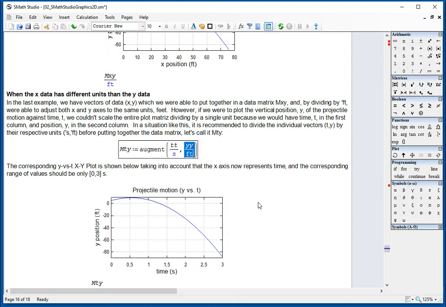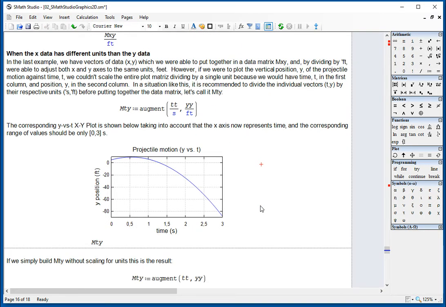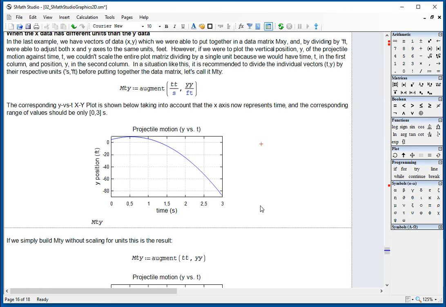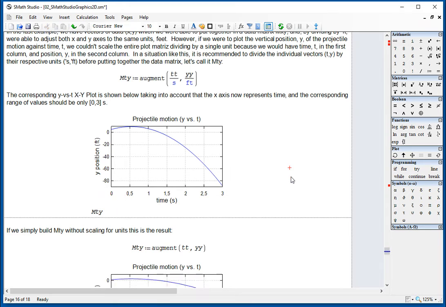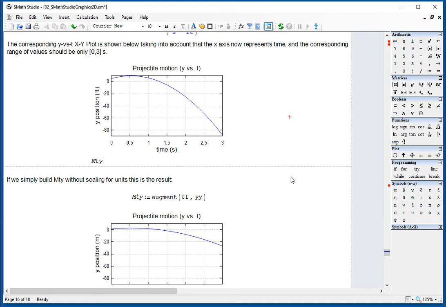In here, I'm just describing the behavior of the vertical distance y as a function of time. And in that case, my matrix is already dimensionless, and it's going to give me the right graph in feet for y and times in seconds.